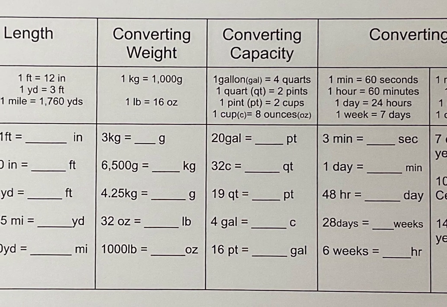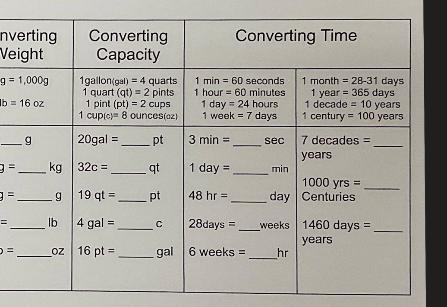And then converting capacity, we have 1 gallon equals 4 quarts, 1 quart equals 2 pints, 1 pint equals 2 cups, and then 1 cup equals 8 ounces. And you guys will use those to answer those 5 that are in that column. For time, 1 minute equals 60 seconds, 1 hour equals 60 minutes, 1 day would be 24 hours, and then 1 week would be 7 days.